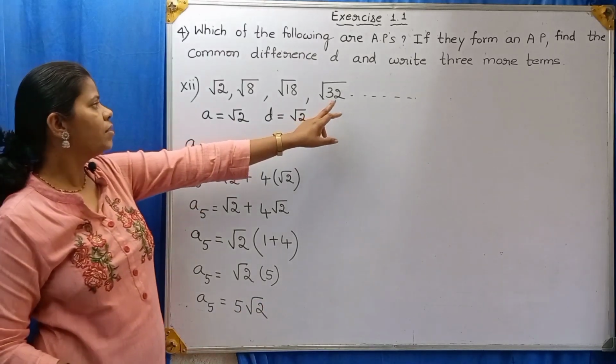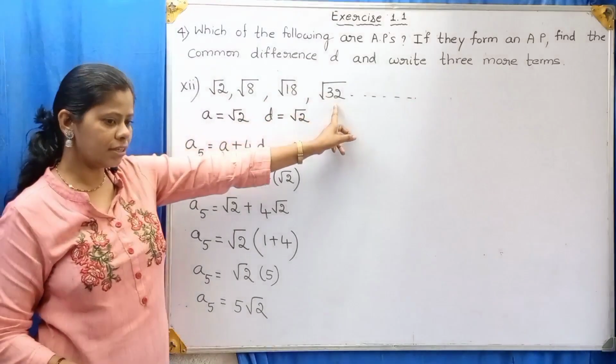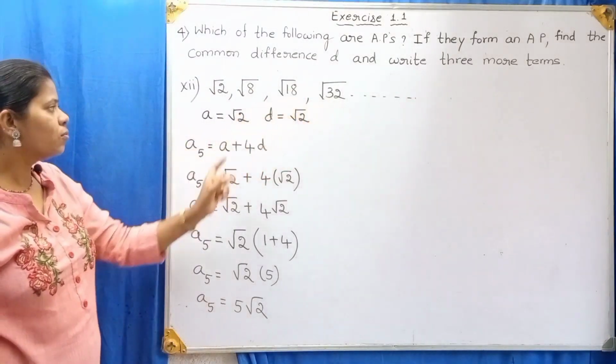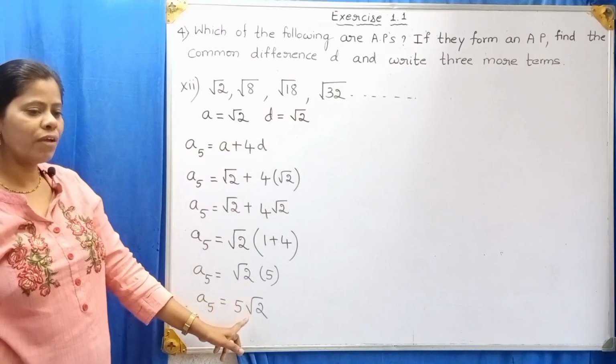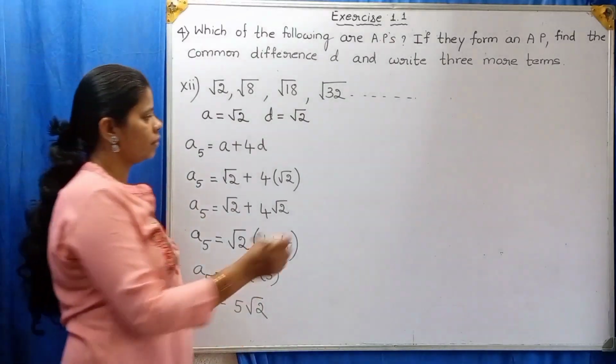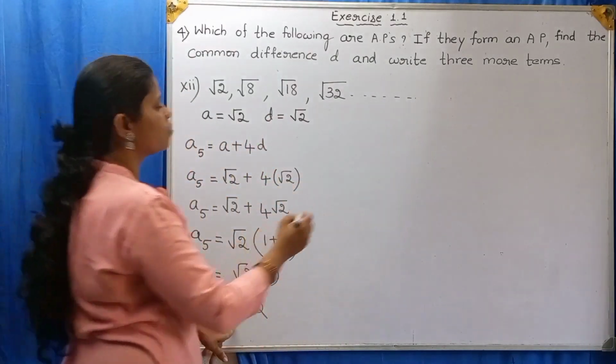But look at this. It is in the form of root 2, root 8, root 18, root 32. So, to get like this, what we have to do? We have to do the squaring on both sides. Already we have A5 is equal to 5 root 2.